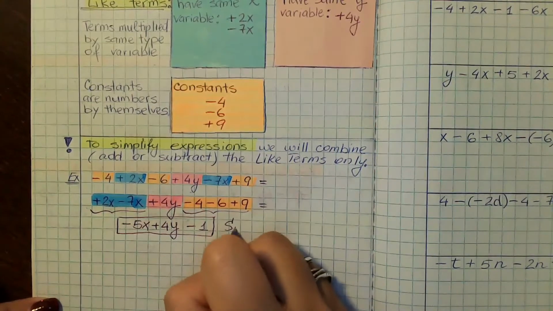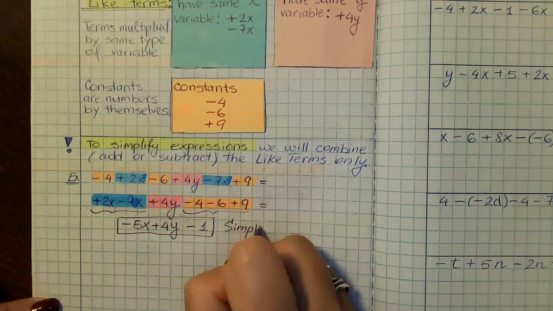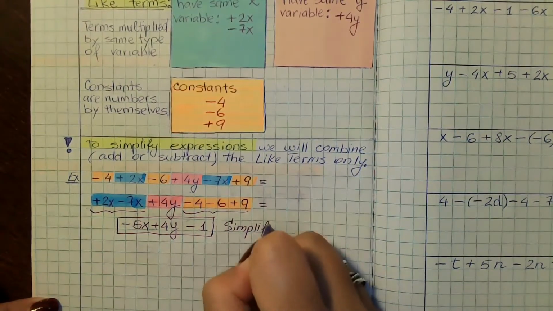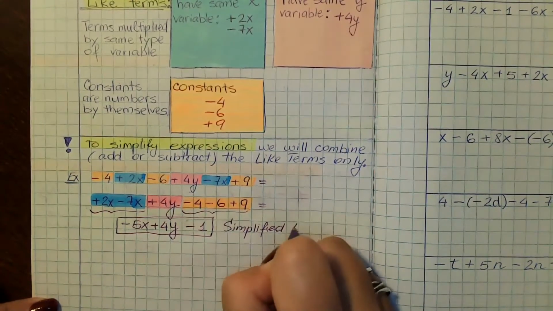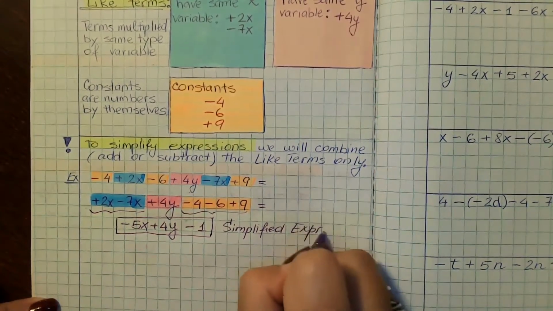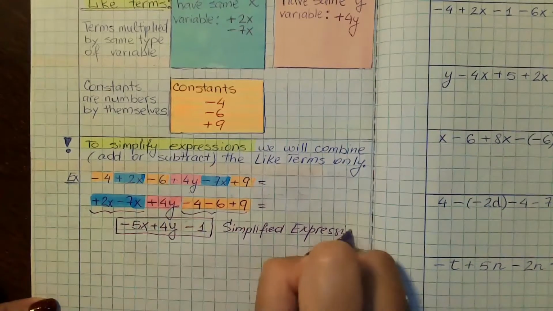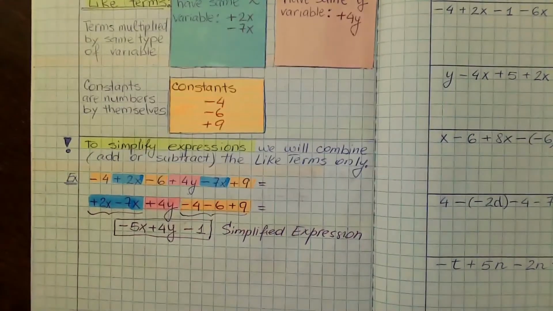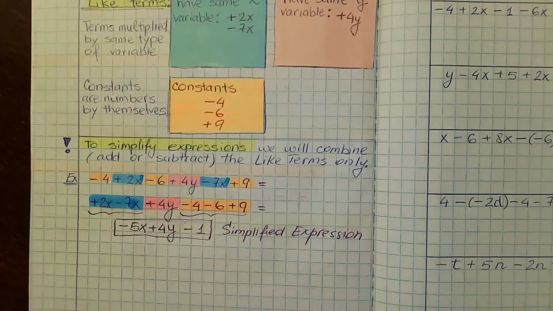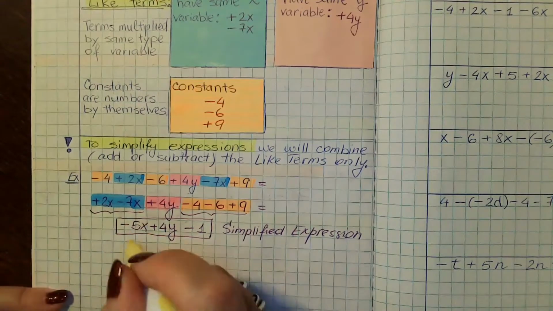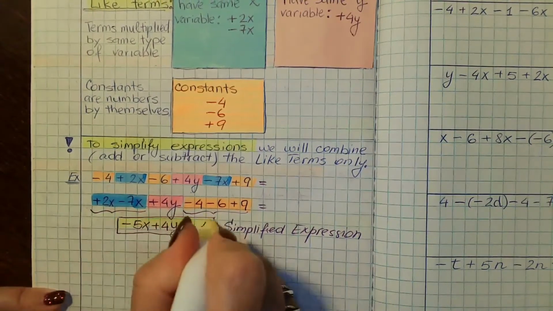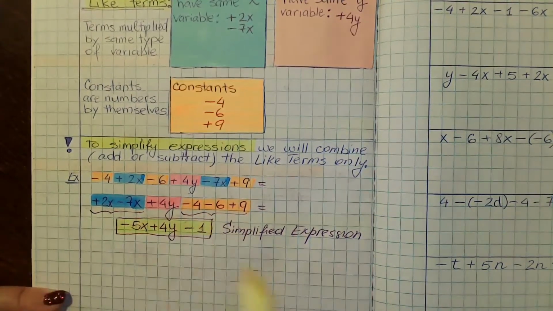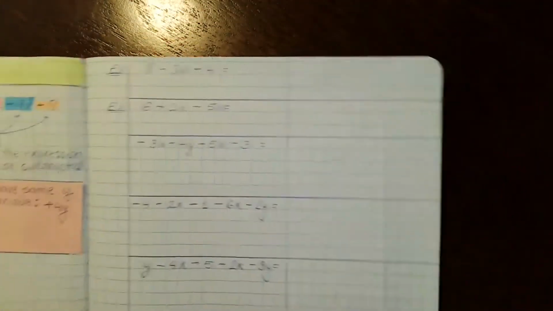This is the simplified expression. So this is final answer. You cannot do anything anymore to this expression. To simplify an expression means you combine the like terms and that's it. Done. So let's look at a few examples.